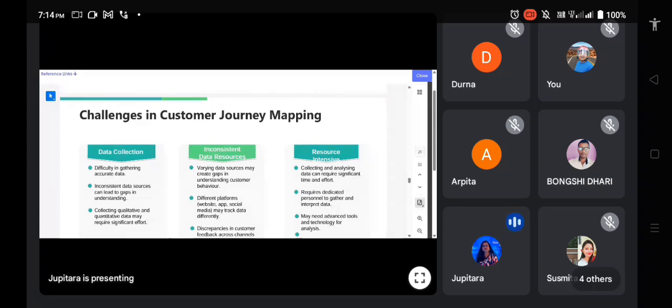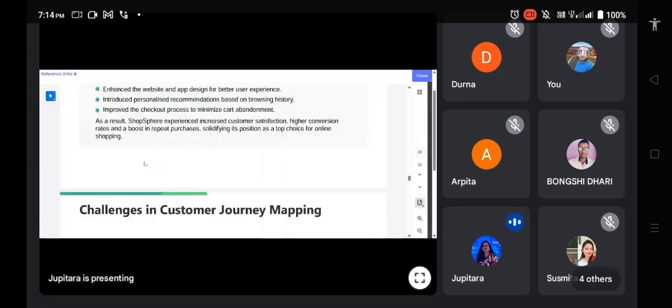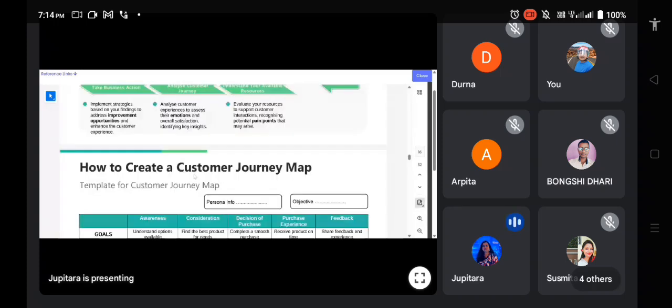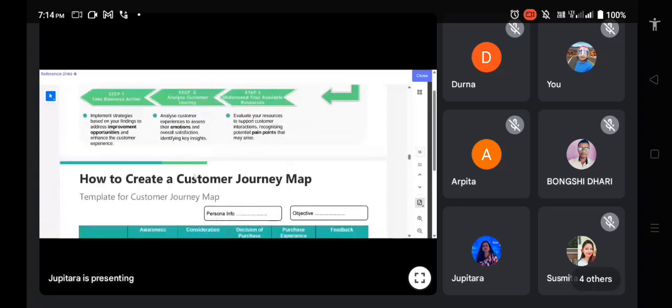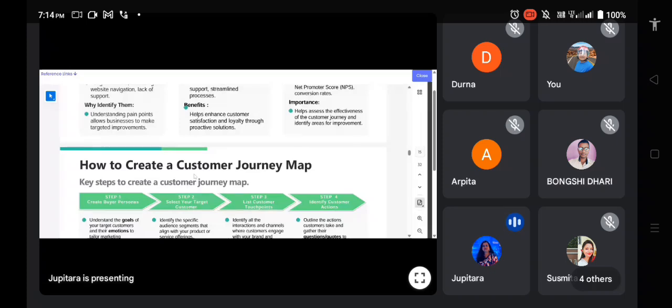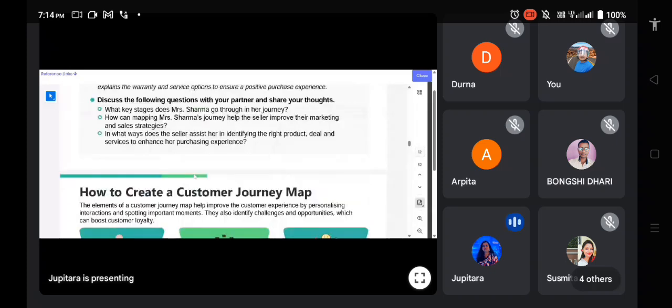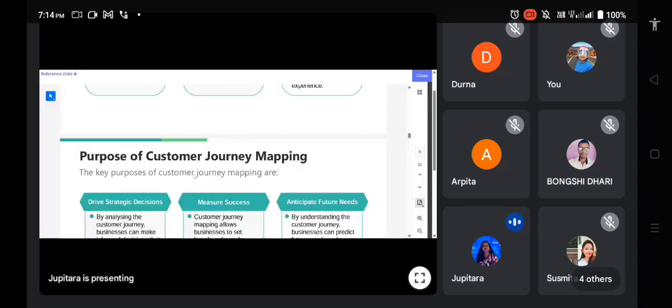That is your self study. You need to go through the slide on how to create it. You can write in a copy, or on a laptop or mobile, whatever is feasible for you. Write and prepare your customer journey mapping in that way.